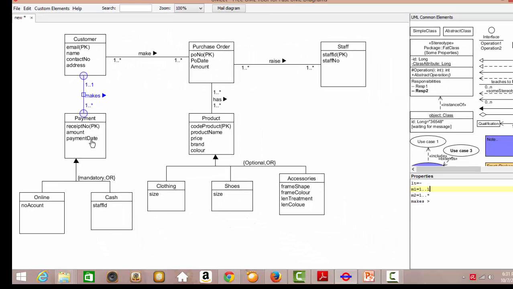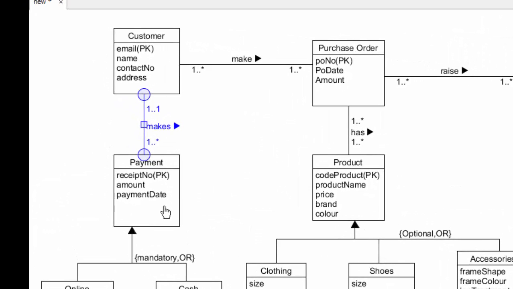So because of customer and payment have the relationship one to many, we need to do foreign key. PK at customer will be FK at payment. So it will be FK.